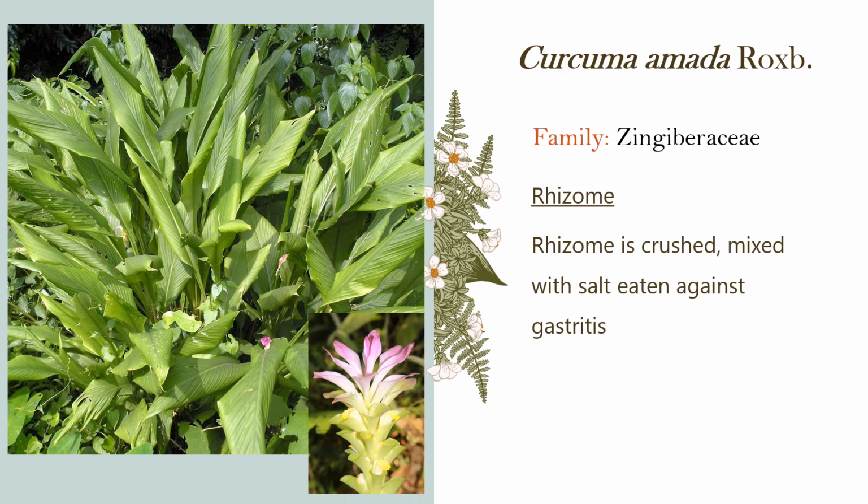The first plant is Curcuma amada, generally known as mango ginger. This is from the family Zingiberaceae. The rhizomes are used here. The rhizome is crushed and mixed with salt and eaten. So this reduces the problems of gastritis.